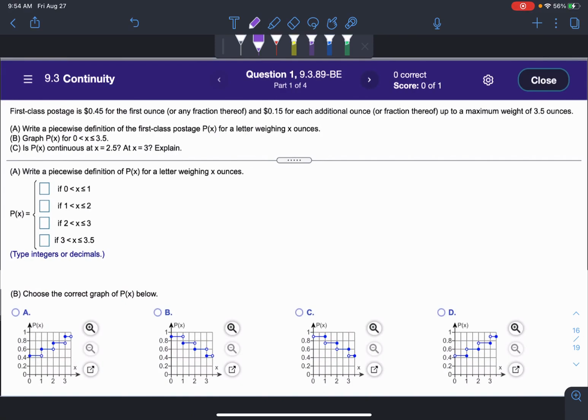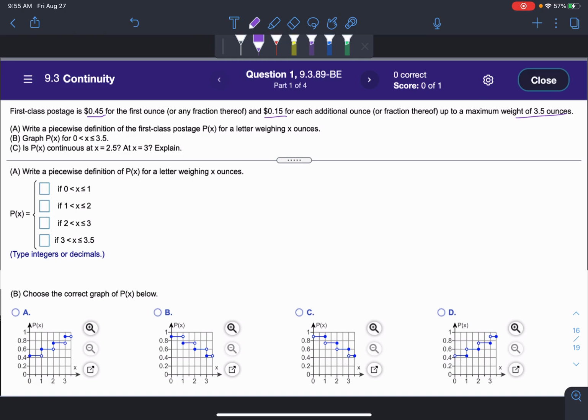Okay, so these are our application problems for this section. So we have a first class postage is 45 cents for the first ounce and 15 cents for each additional ounce, up to a maximum weight of 3.5 ounces. So here, these are the numbers that we'll probably need to use. So they gave us these different, this is a piecewise function because we have different cases, right?